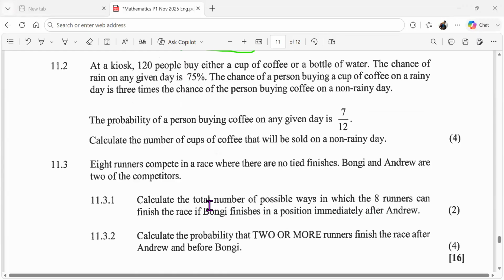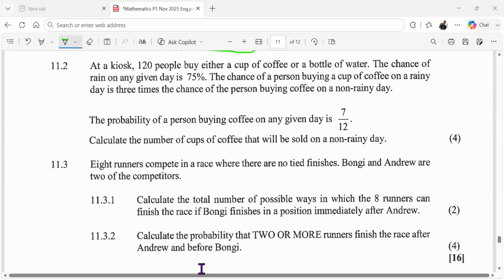The chance of a person buying a cup of coffee on a rainy day is 3 times the chance of the person buying coffee on a non-rainy day. All right? The probability of a person buying coffee on any given day is 7 over 12.